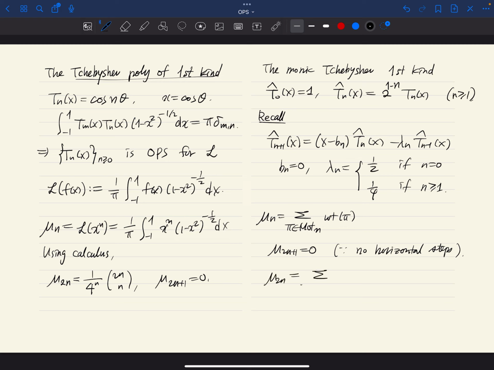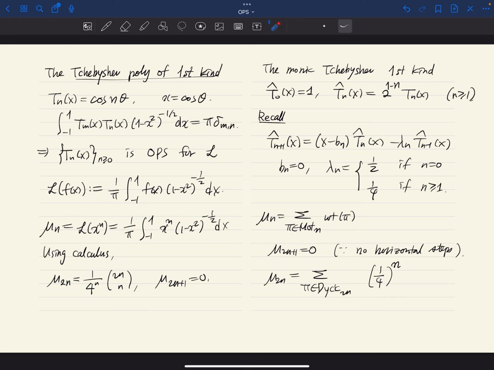Now, what about the even case? It's the same thing as just considering Dyck paths of length 2n. But what is the weight? It's slightly different from before because it's not always 1 over 4, but we have to deal with this separately. But what if you just pretend that lambda n is always 1 over 4, just like before? So that means 1 over 4 to the number of down steps. There are n up steps, n down steps.